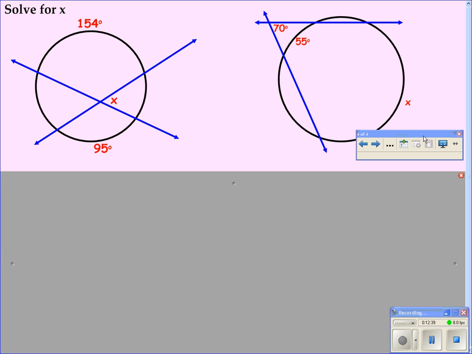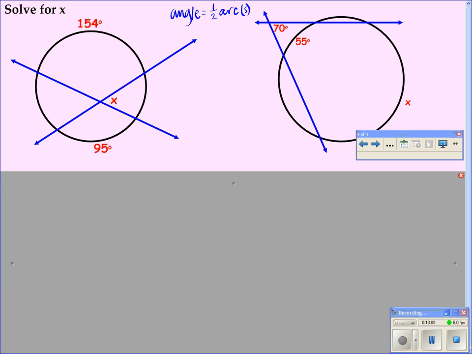Just remember that on all of the equations, it's going to be angle is equal to 1/2 and then arc or arcs, depending on what picture you have. It may just be 1 arc or maybe 2 arcs. You're going to add or subtract. But you're always going to have an angle on one side and your arcs are put together. You're never going to put an angle with an arc. They stay separate, one on each side of the equal sign.